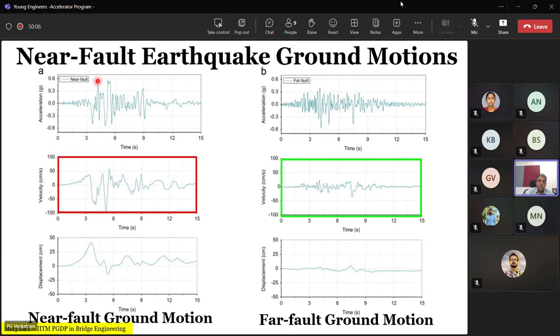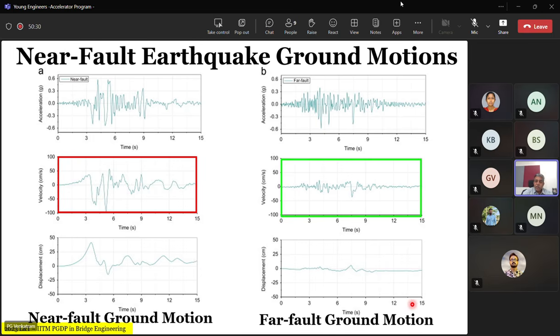You will notice that everything slows down. The rate of change of acceleration with time also slows, that means the time taken to go from peak to down is more. This is what happens near fault. And when you look at displacement, you have a large displacement at the time it starts, and subsequent displacements are there, leaving some residual displacement.